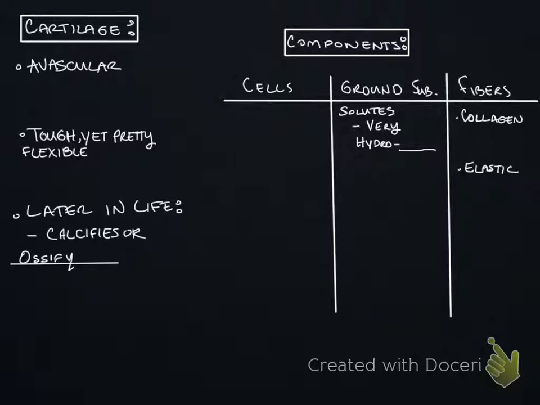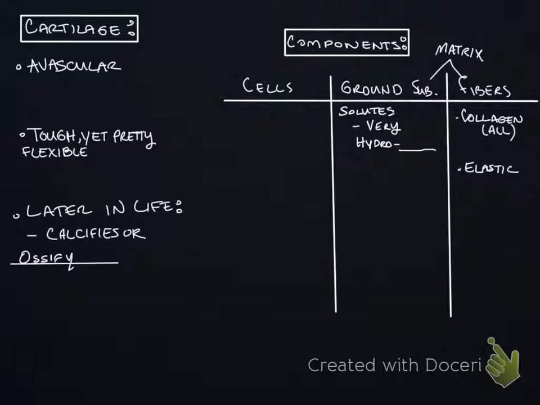First of all, the components of cartilage. We know we have cells, ground substance, and fiber. And the ground substance and fibers make up the matrix of cartilage. The fibers, all cartilage has collagen in it. You can't really see the fibers in hyaline cartilage because they're pretty tiny, but they are there. They do have collagen fibers.